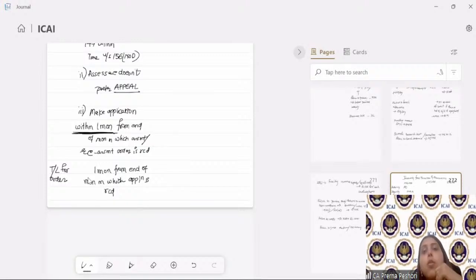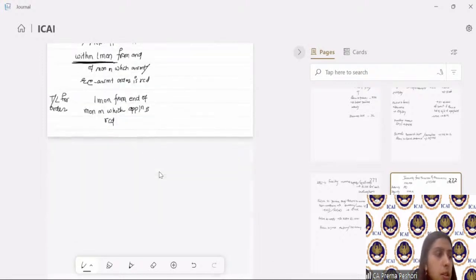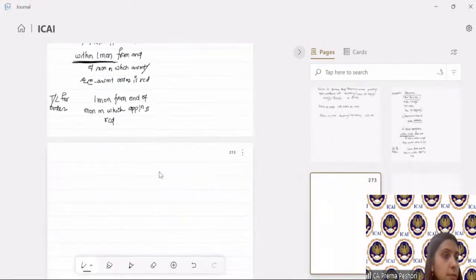And if the AO wants to reject this immunity, then he has to give the opportunity of being heard to the assessee. However, AO will not grant the immunity in cases where the penalty under section 270A is on account of misreporting. So remember this thing very clearly.